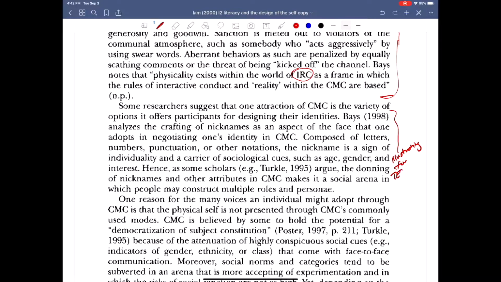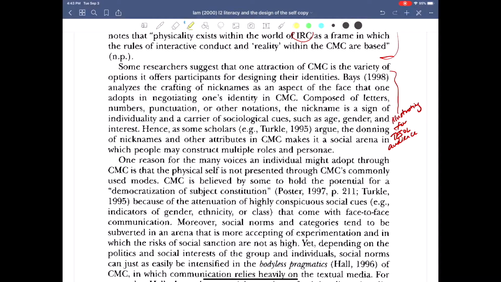And I wanted to mention this because she is probably giving this more detail because of the audience who are not familiar with CMC, who might not know what IRC is, who might not know what chatting is and all this stuff. So that's something to keep in mind. You can also consider these are more illustrating.